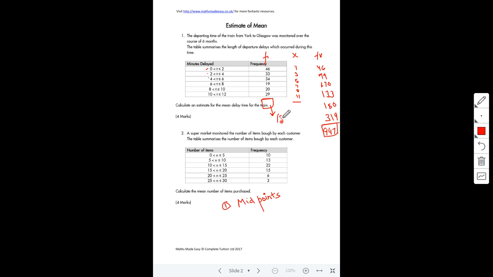It's 181. Yes. Now what you have to do, just divide these two values. So it's 947 divided by 181. And this will give you 5.23. So the answer is 5.23 minutes.